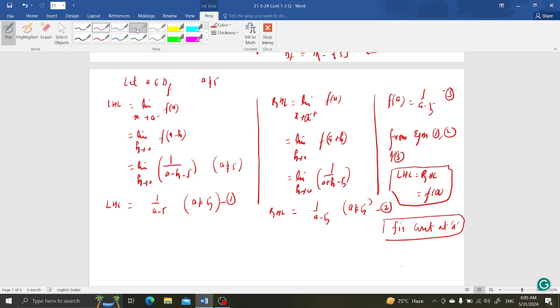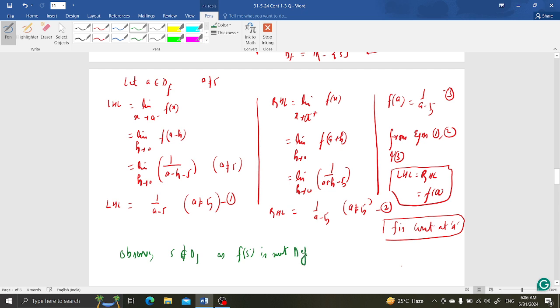Now observe that 5 does not belong to Df, as f(5) is not defined.